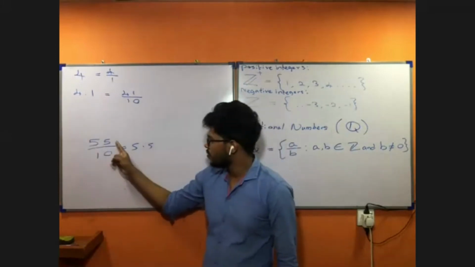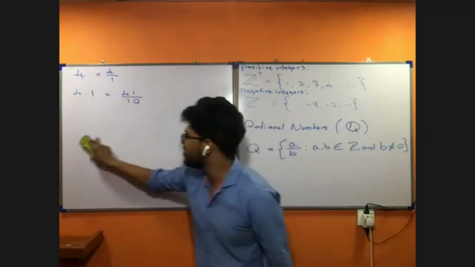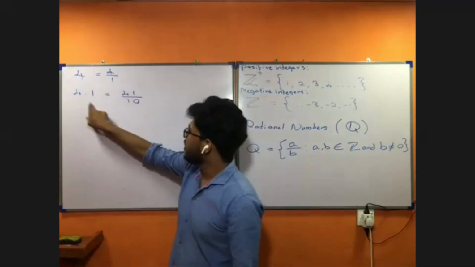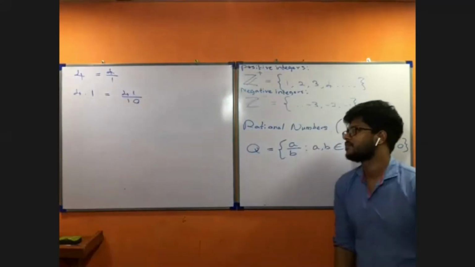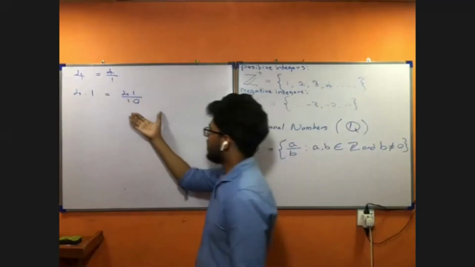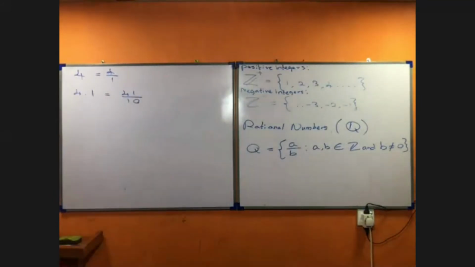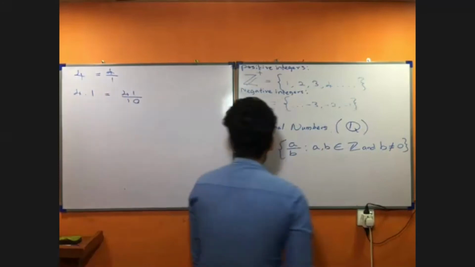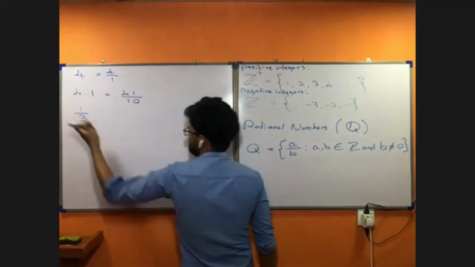If you divide by 1000, you go 3 decimal places backwards. Likewise, I can write 4.1 as a fraction, 41 divided by 10. So that one also I can express as a fraction.